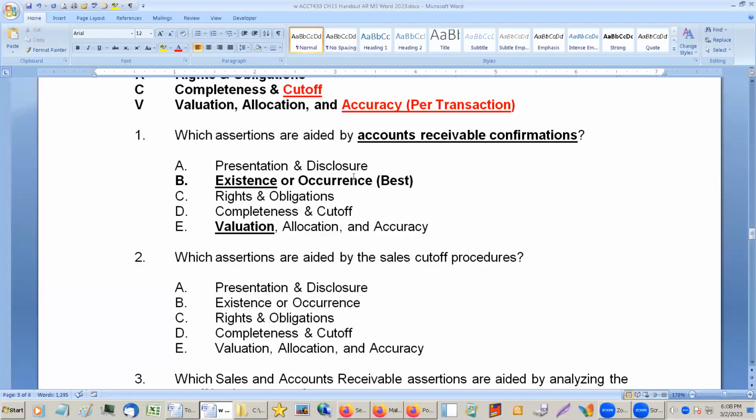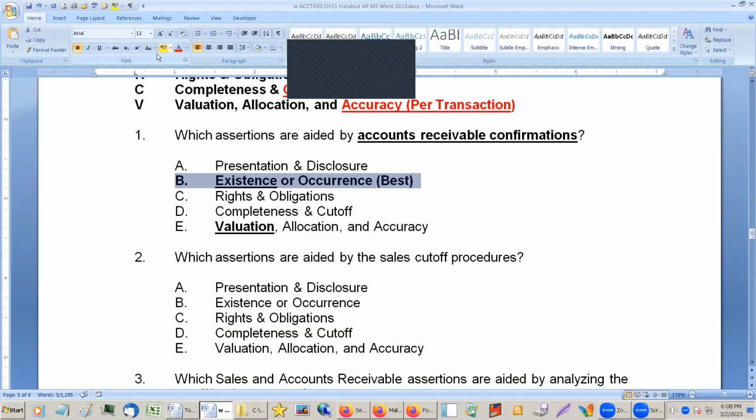So it doesn't really help as much with the valuation as people might think, at least on the surface, because there might be things left off of it. They may not have returned it, if it's a negative one anyways. And there's also the possibility that even though they do confirm it, they won't be able to pay it, or they're not going to pay it. You run into all sorts of people. So the best one though is this, that it exists.